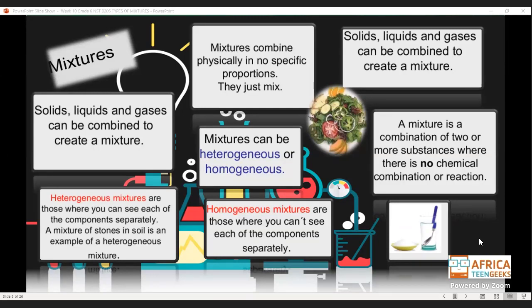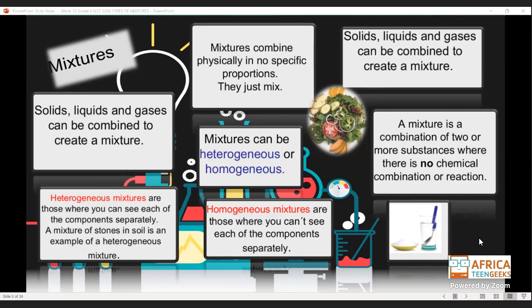Who can give me an example of a heterogeneous mixture? No, it's good, Kiara. You keep going. So you can give me an example of a heterogeneous mixture. There we go. Peanuts and raisins, rice and beans. Very good.